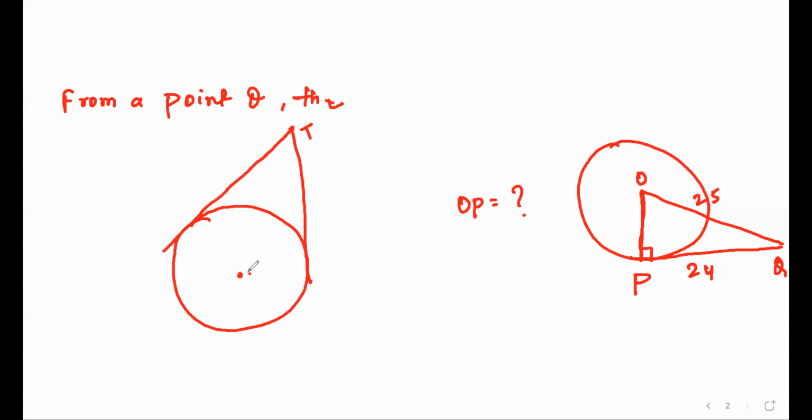Here is the center O. This total angle is given as 110 degrees. And we have to find angle PTQ. We have to find this angle over here.